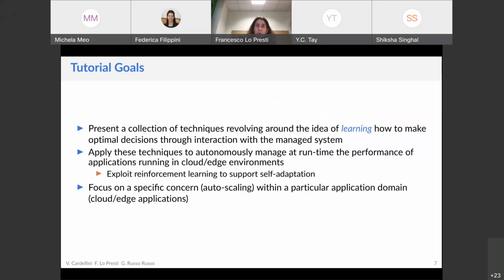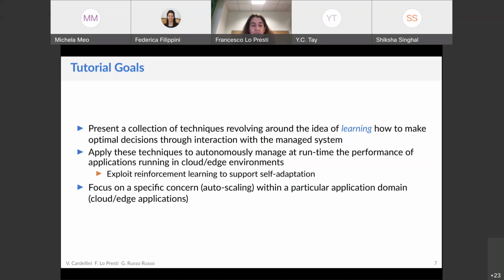So coming to the tutorial, and to the goals of our tutorial, our goal is to present you with a collection of techniques that are centered around the idea of learning how to make optimal decisions through the interaction with the managed system.